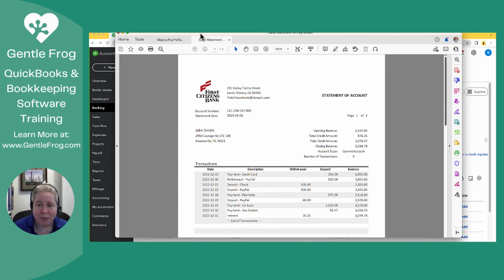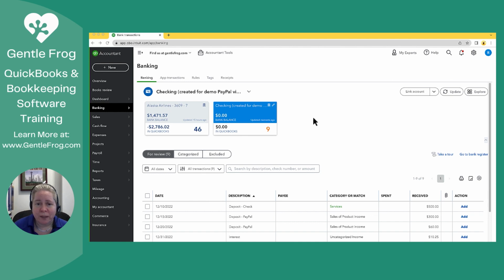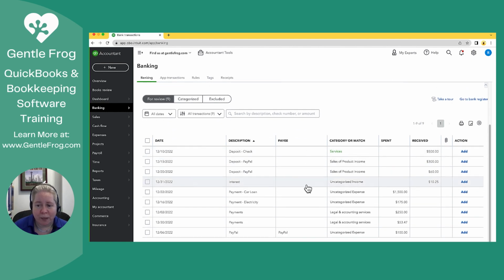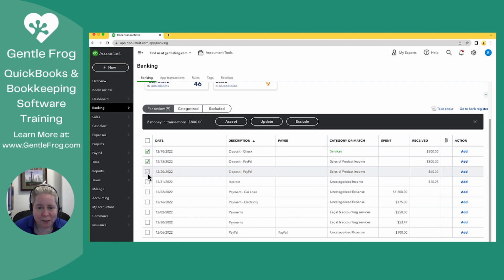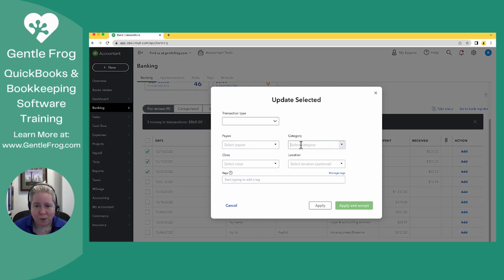So let me just put this on my second screen. I've got all my transactions lined up and ready to go right here. So my money in and my money out. With TV magic, I'm just going to zip through this real quick. So all of my deposits, I'm going to call them all service income.